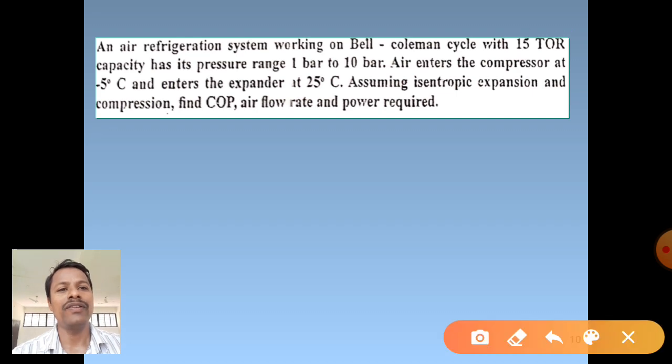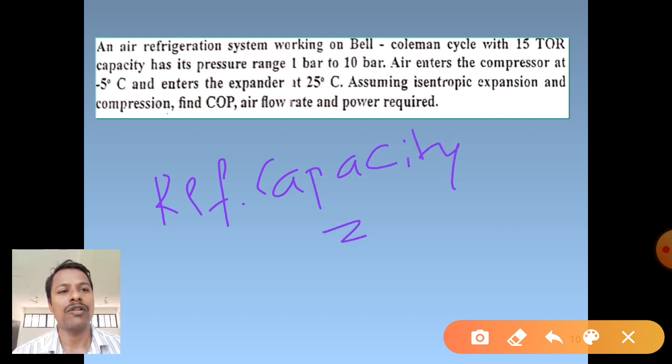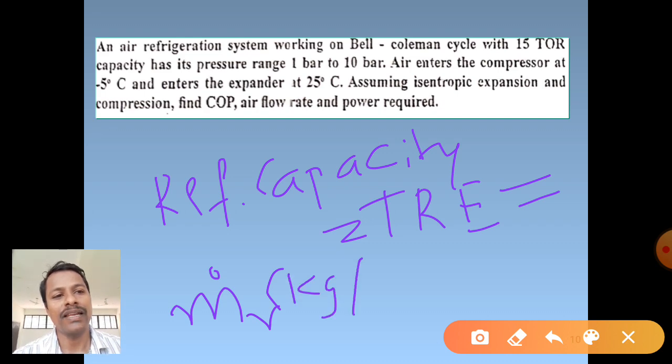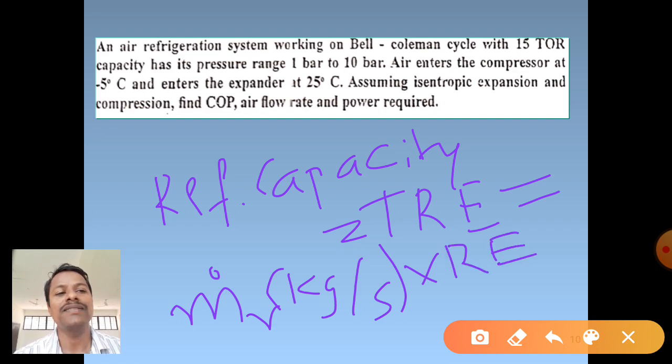Here, refrigeration capacity is also called total refrigeration effect, which can be defined as the mass flow rate of refrigerant in kg per second into the refrigeration effect, that is H1 minus H4, the kilojoule of heat energy absorbed from the refrigerated space per kg of air circulation.